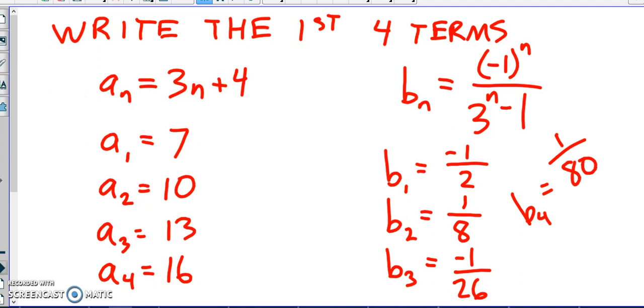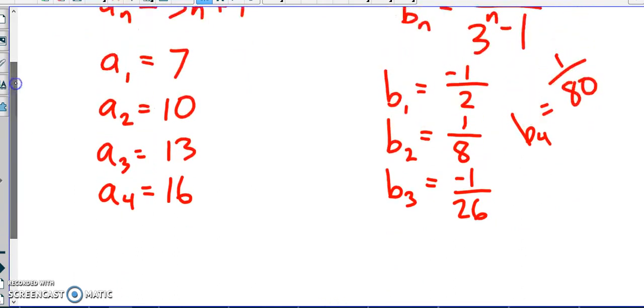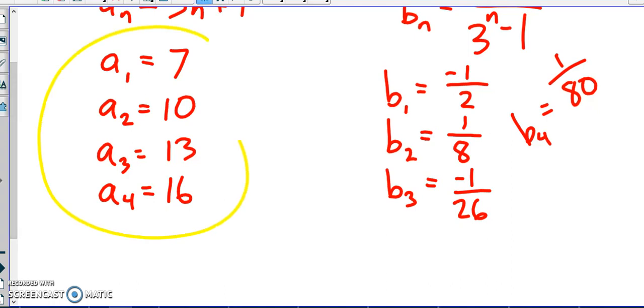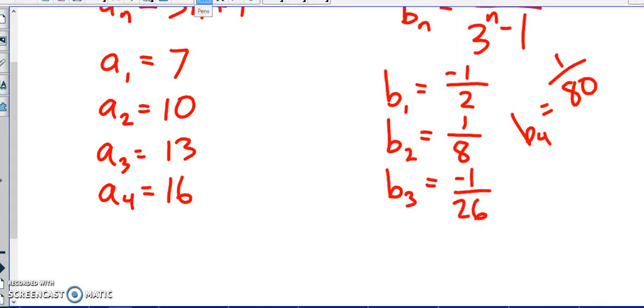Now, the way this works, if you had a continuous function, like take this for example, it's pretty easy to tell that this one right here is going up by 3 each time. Well, you could draw a line with a slope of 3, like so.